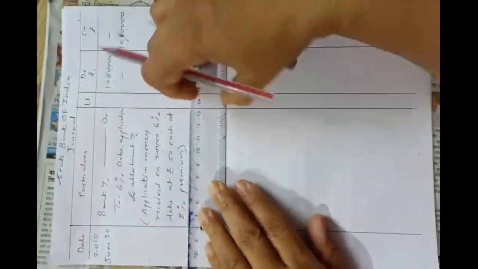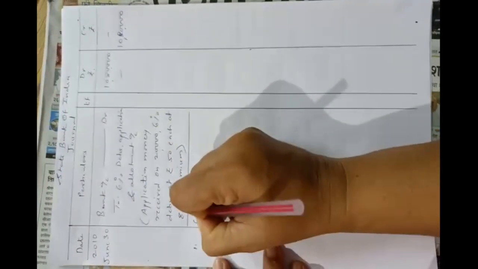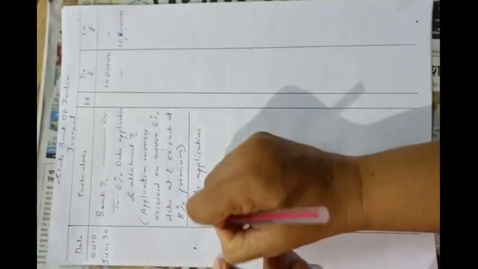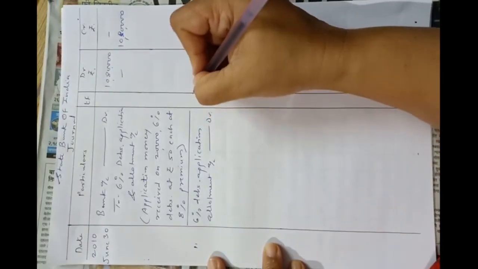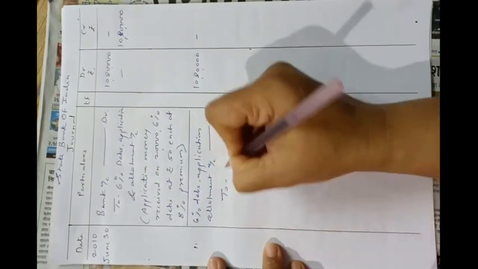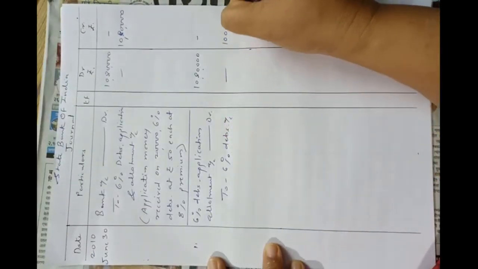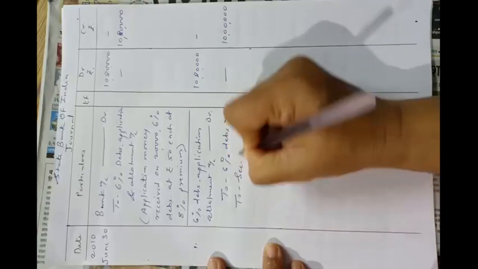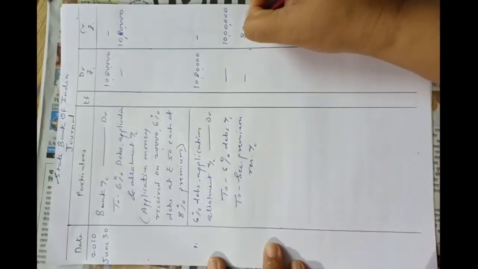Now next entry will be of transfer of application money on the same date, that is on 30th June. 6% debentures application and allotment account debit 10 lakhs 80,000 to 6% debentures account 10 lakhs, to security premium reserve account 80,000.